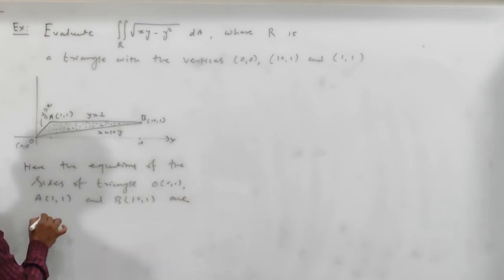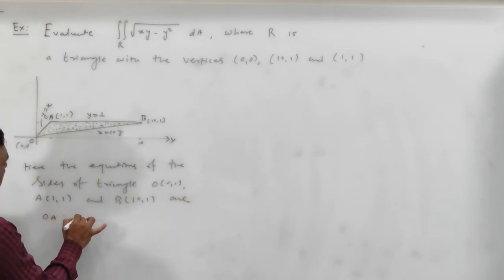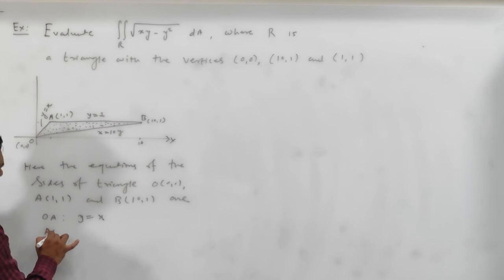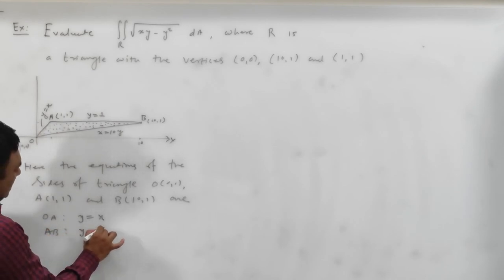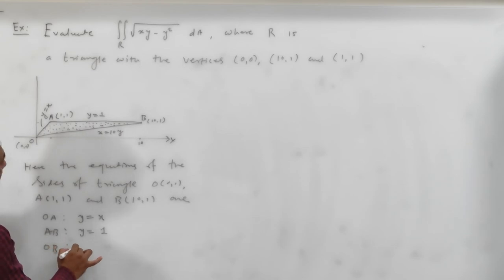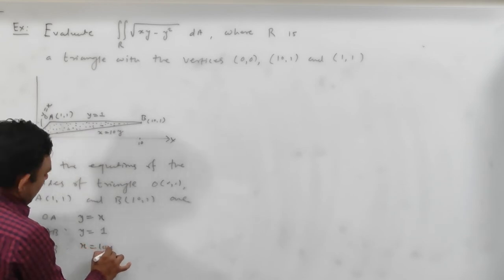The equation of OA is y equal to x, the equation of AB is y is equal to 1, and the equation of OB is x is equal to 10y.